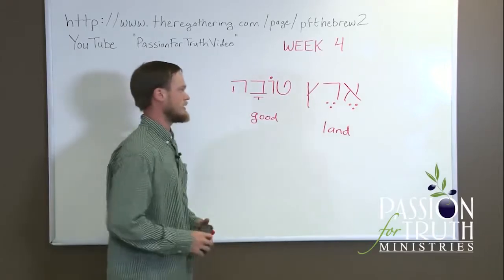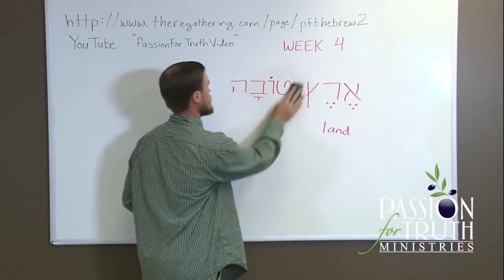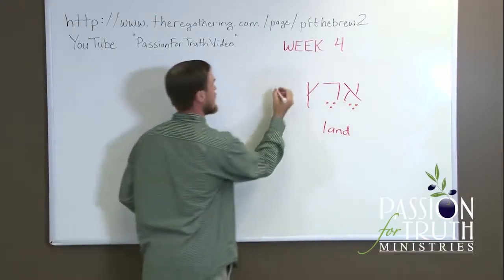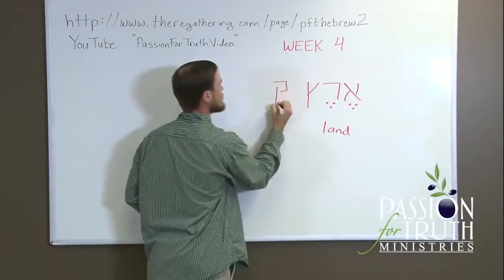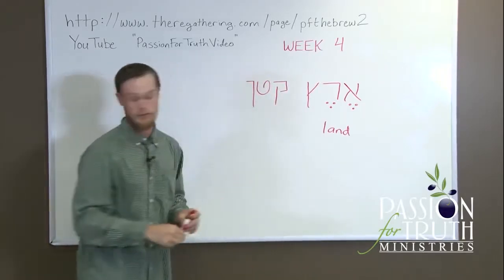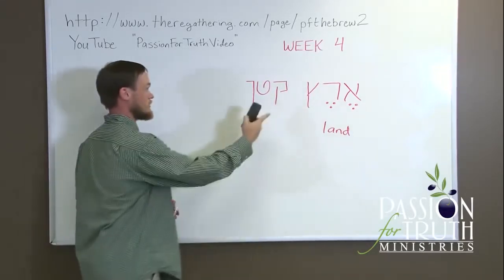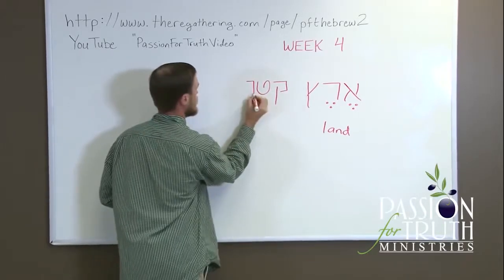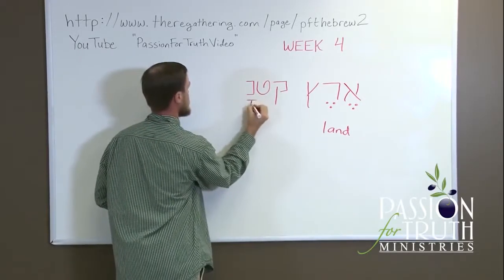Then we can speak of other kinds of lands. How about a small country or a small land? Right, Eretz Katan. However, Katan would be the masculine form. To change it to feminine, to accommodate Eretz, which is a feminine noun, we do the same thing, add the kamatz hey.